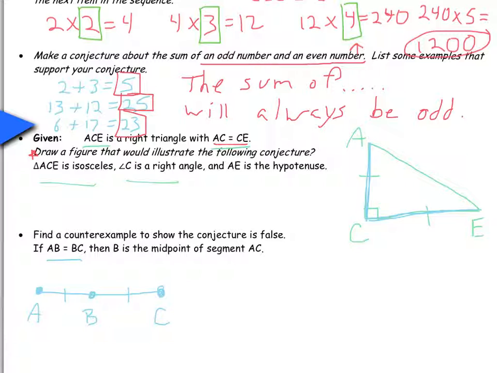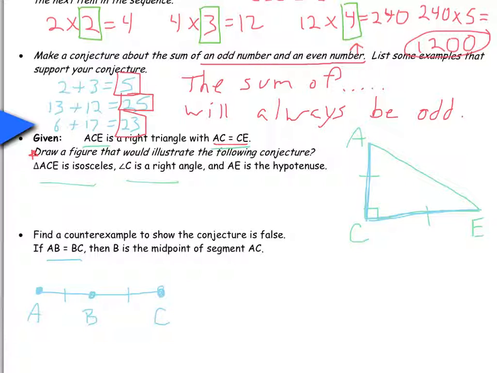Well, everything seems to be correct here, right? We look at that and say yes. Can we come up with a counterexample where AB is still equal to BC, but B is not the midpoint of segment AC?